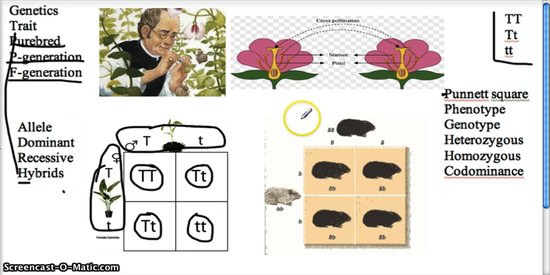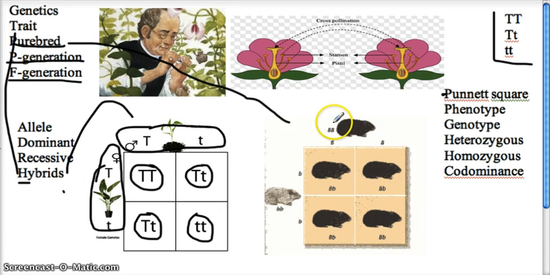Here we have purebred. So this is hybrid right here, and purebred, I'll go right through Mendel over there, is right here. The purebred, notice we have the older generation, we have a white mouse and we have a black mouse. Now what's happening here is the black fur color is apparently dominant because you have the capital B here.